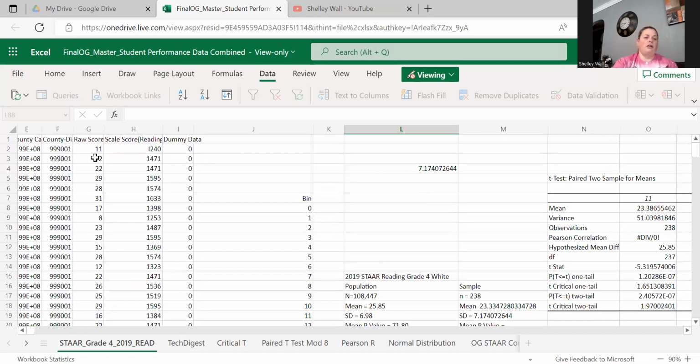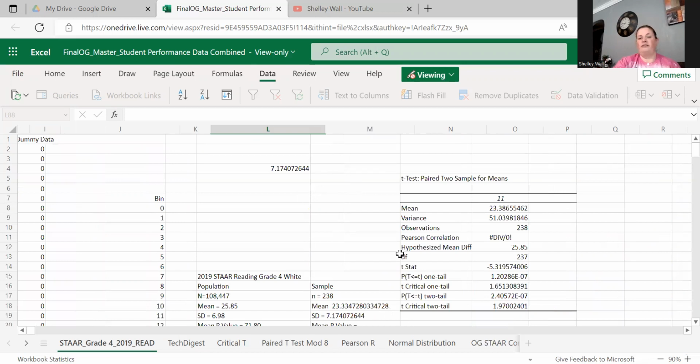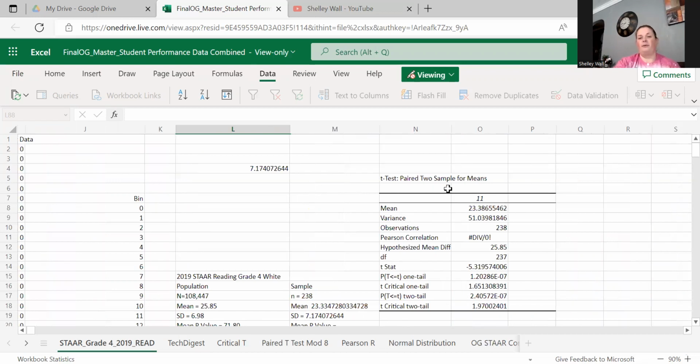Theoretically, it's looking for a one-to-one correspondence. Since I set this dummy data at 0, it'll allow me to perform the two-sample tests. Once I got my information, which I did over here by running t-test paired two sample for means, in this column right here it had dummy data and I just went through and deleted it.